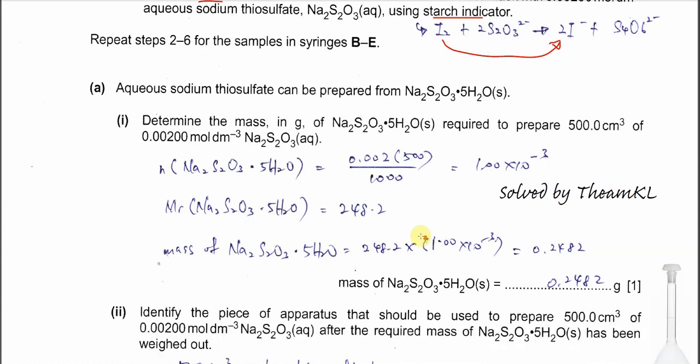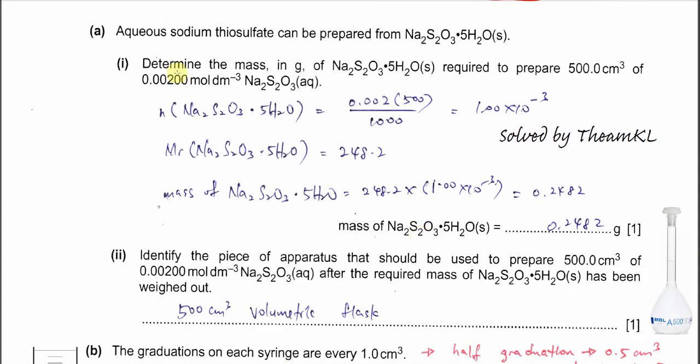And part A, aqueous sodium thiosulfate can be prepared from this salt, sodium thiosulfate pentahydrate. So for this sodium thiosulfate pentahydrate, we need to use the molar mass for the calculation.